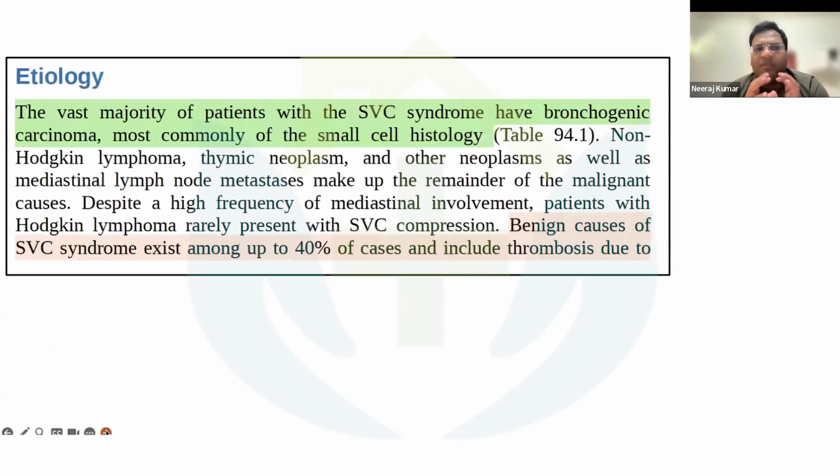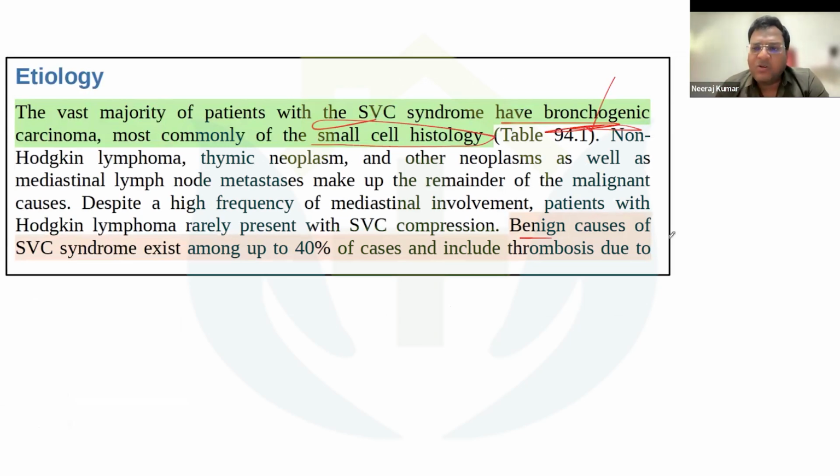If we talk about superior vena cava syndrome, the vast majority of patients have bronchogenic carcinoma. They have a history of bronchogenic carcinoma, and out of this, the most common is small cell histology. Then non-Hodgkin's lymphoma, thymic neoplasm, and other neoplasms that metastasize make up the remainder of the malignant causes.